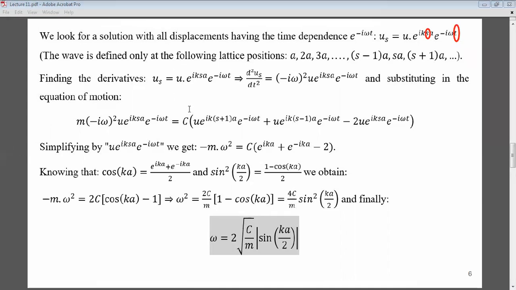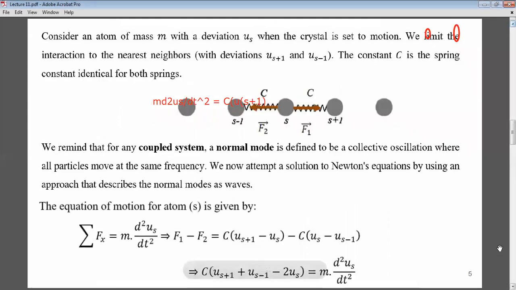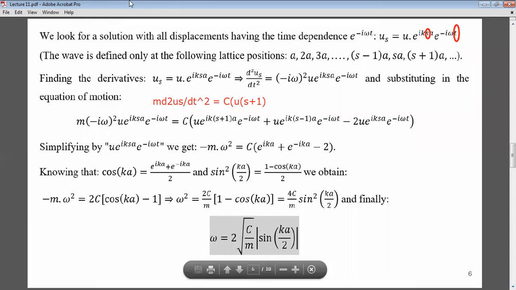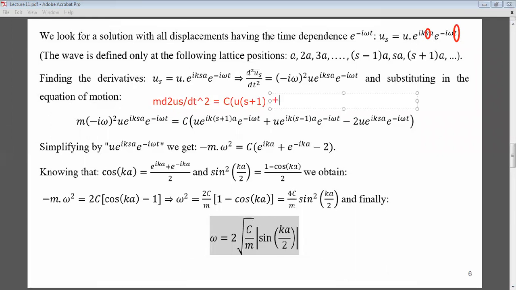So here I have M d2 U(s) by dt squared is equal to C of U(s+1) plus U(s-1) minus 2U(s).